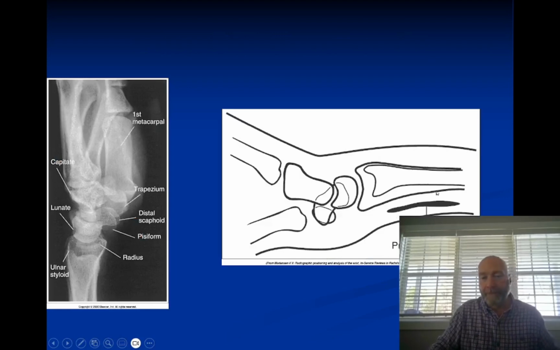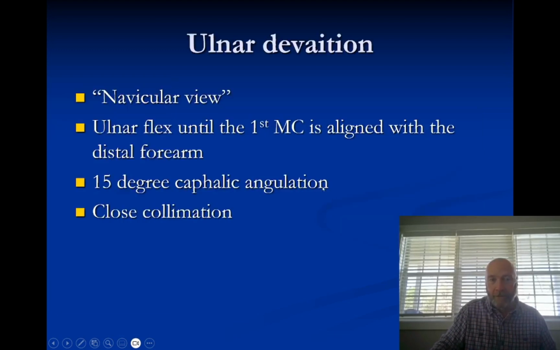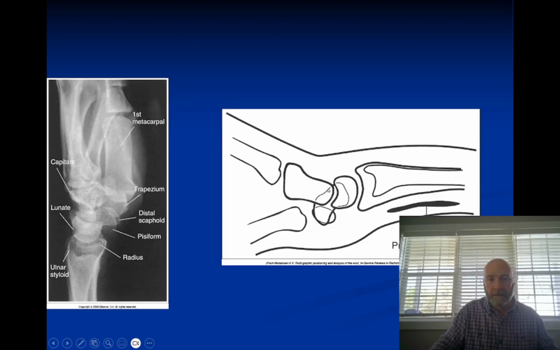So the pronator fat pad is here. That's your pisiform, this little bitty thing right there. That's your lunate, and that's your scaphoid. So you've got the pisiform right over the distal portion of the scaphoid. That's exactly what you want to see.